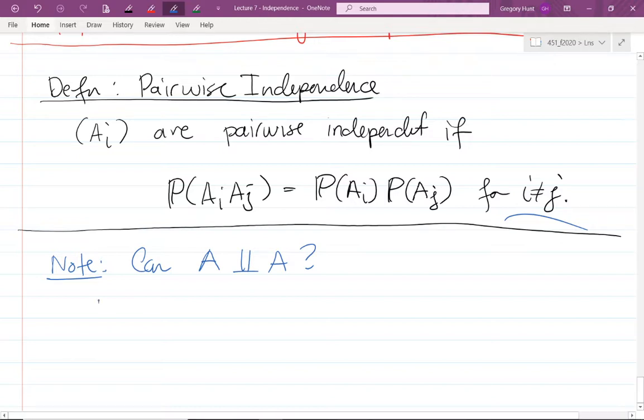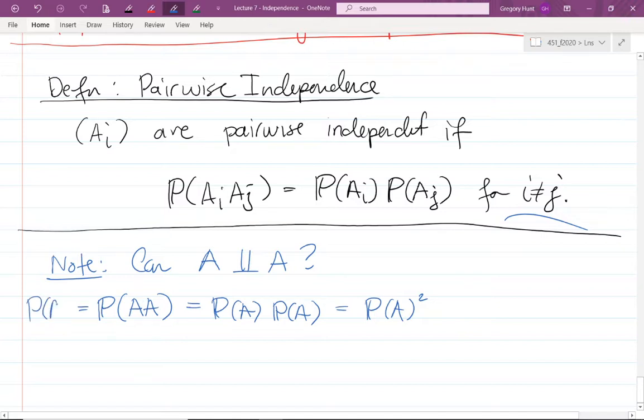So can we formalize that? Well, if A is independent of A, then surely the probability of A intersect A should be the probability of A times the probability of A, which is the probability of A squared. And of course, A intersect A is just A. So we get a relation here that says the probability of A is the same thing as the probability of A squared.